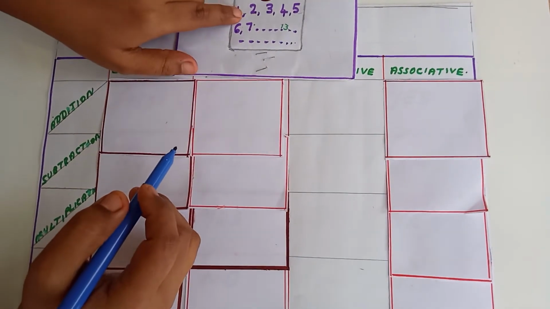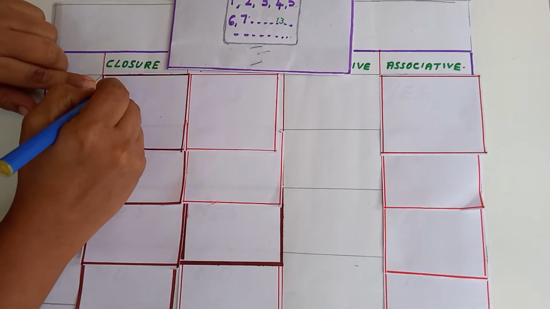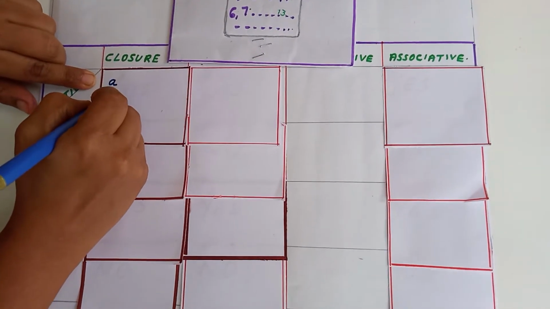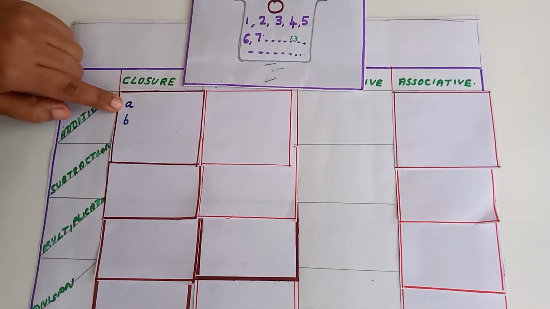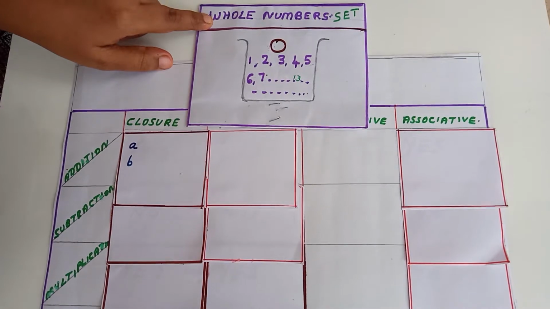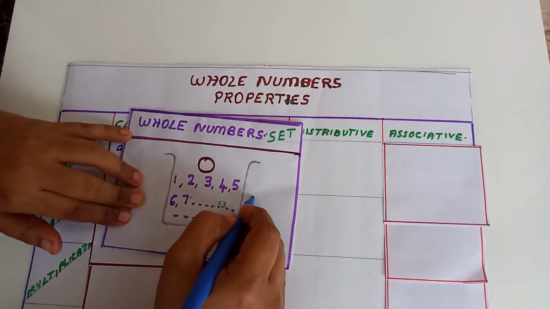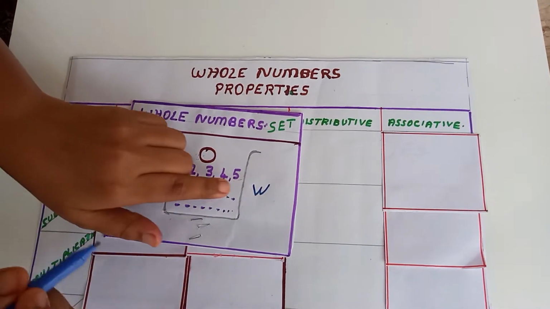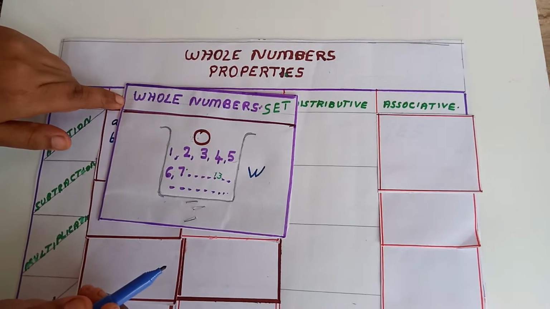Instead of taking two numbers, here I am taking A and B from the set. For the whole number set, I can write W. Today onwards I am going to call it W. W indicates the whole number set.